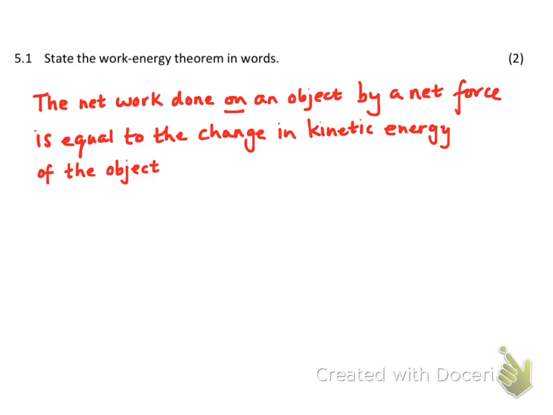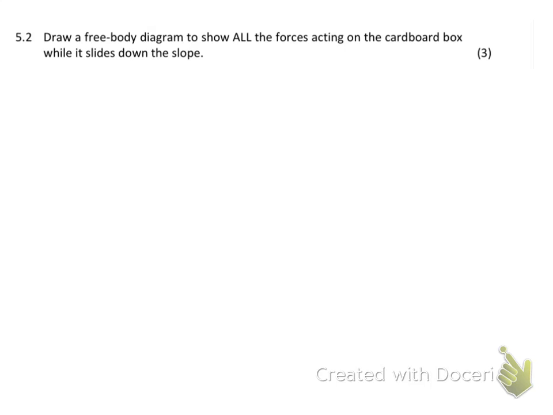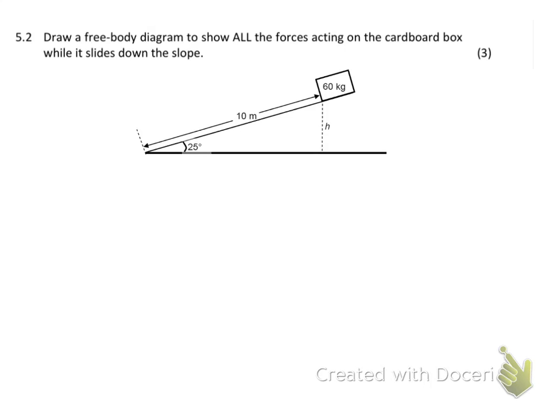Right, 5.2 asks for a free body diagram, and that's asking for a very particular type of diagram, a free body diagram, where the forces are shown emanating from the center of mass, which we indicate with a dot. Before we answer the question, let's just consider the forces.